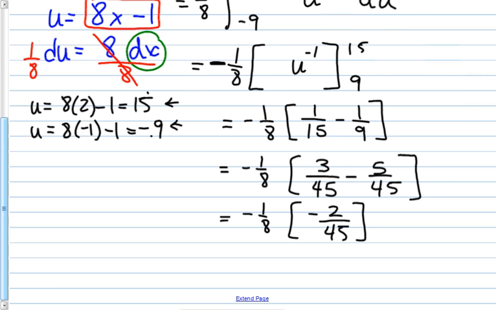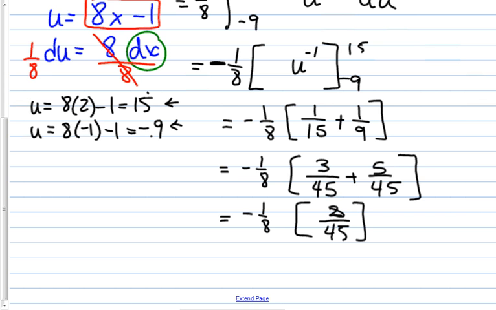And then we just multiply. Oh, wait. Oops. Negative 9. I just saw it. Negative 9, so that becomes positive. Positive 3 plus 5. Oh, look at that. It's 8.